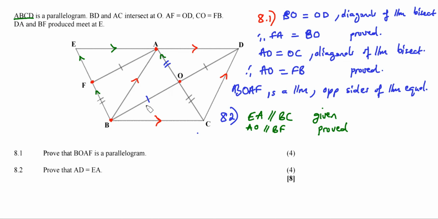Now, once we have that, we can safely say BCAE is a parallelogram. And the reason being opposite sides of a parallelogram are parallel.